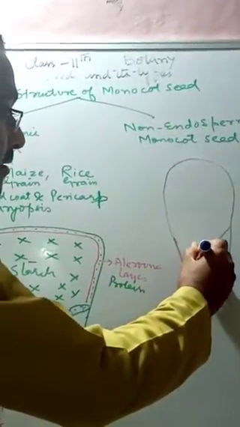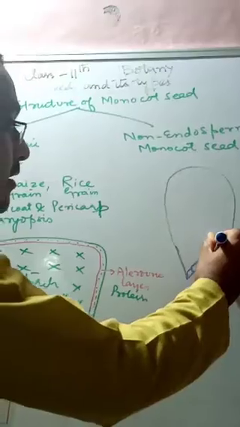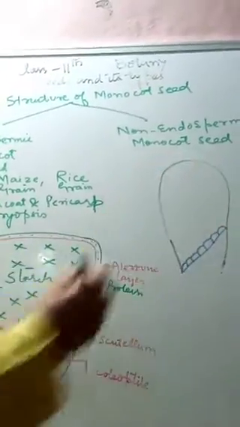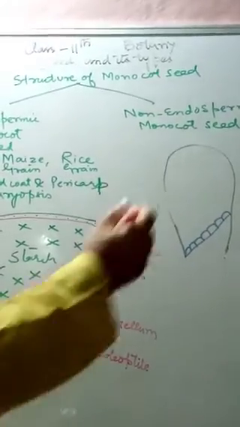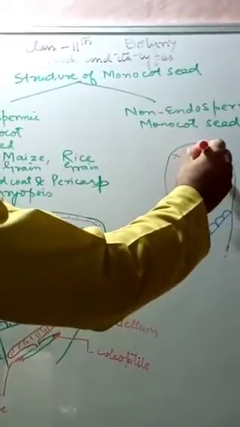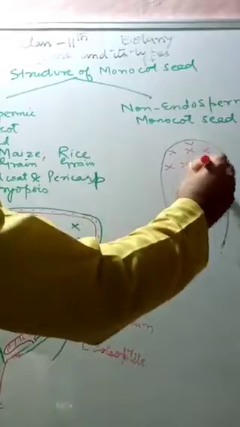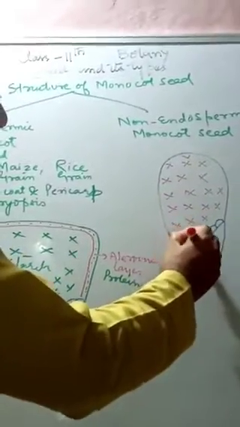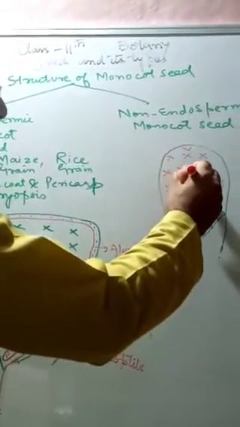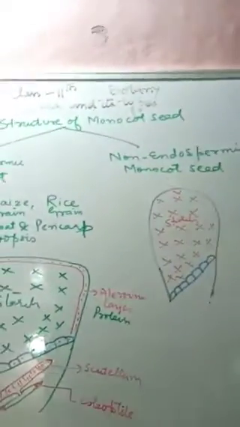This is the epithelial layer. The upper part is the endosperm, and it is mainly starchy. The reserve food material here is the starch, while in the endospermic dicot seed that we studied earlier, it is fatty.